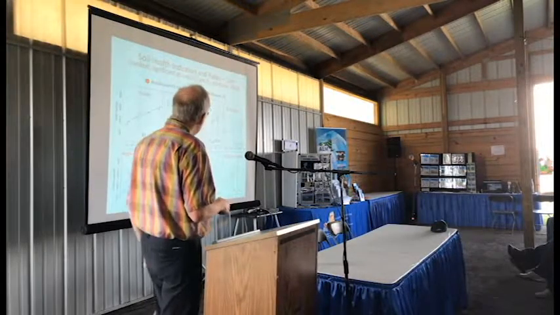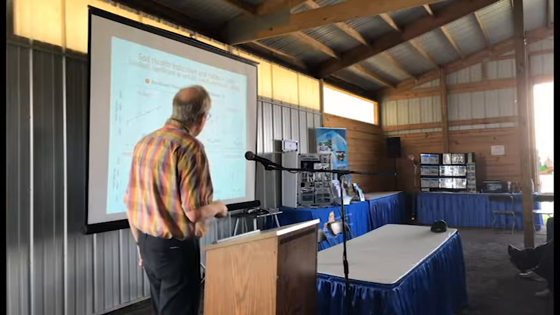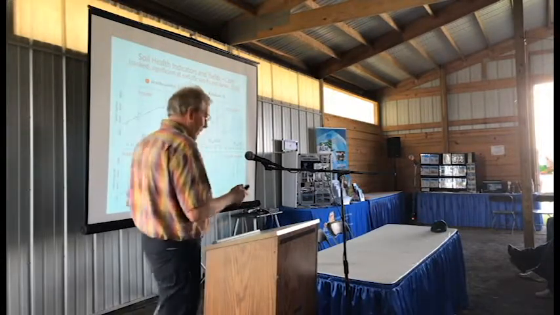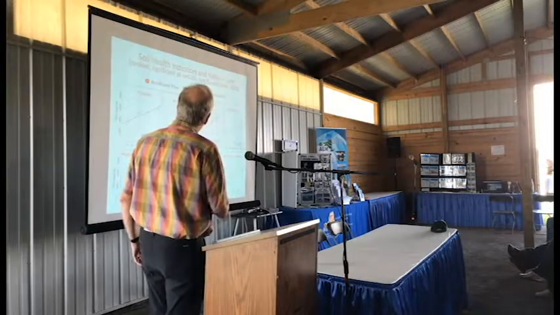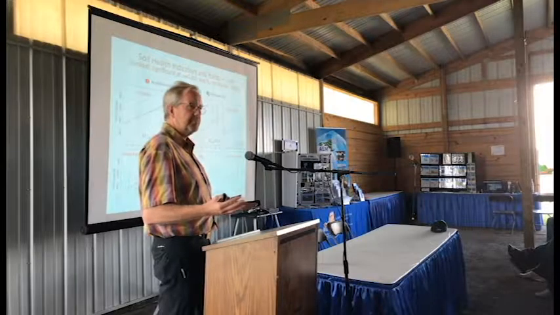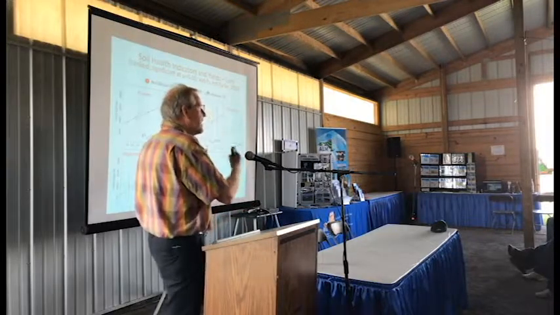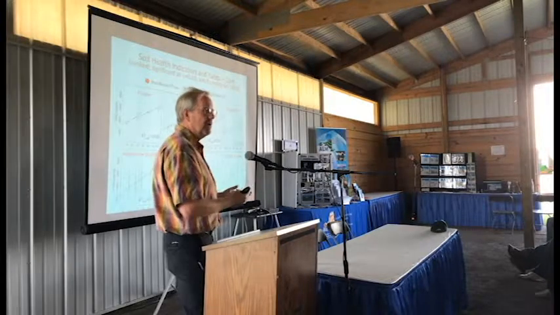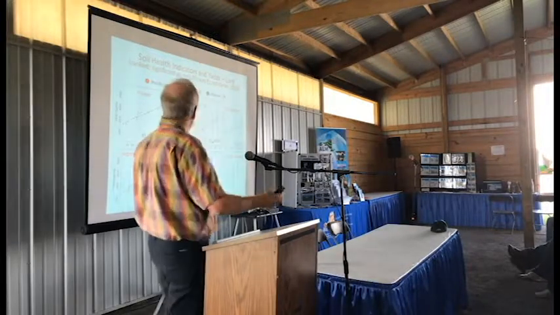So note here that organic matter had a relatively weak correlation with yield. But the quality of the organic matter, protein, active carbon, had a much better correlation with yield. Right? So it indicates that these biological properties are more correlated with yield than the total organic matter.